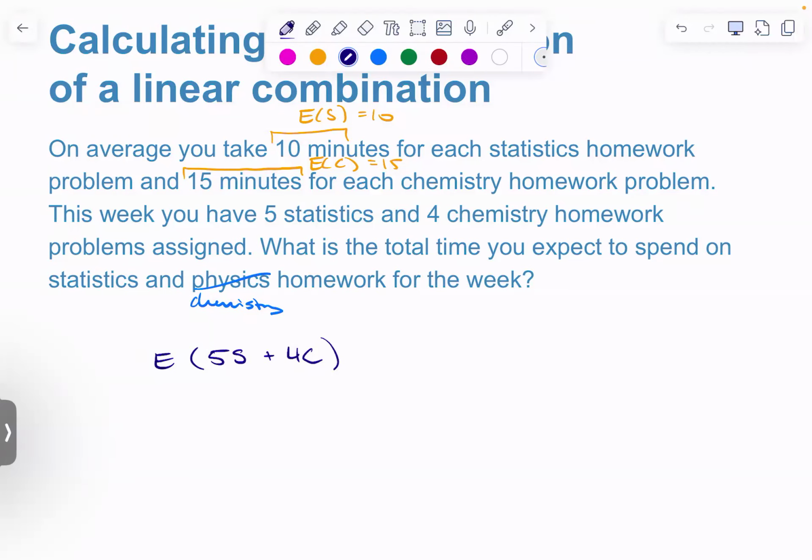Now I know that the expected value of 5 is 5 because I don't expect it to change, but the expected value of S we know is 10 minutes.